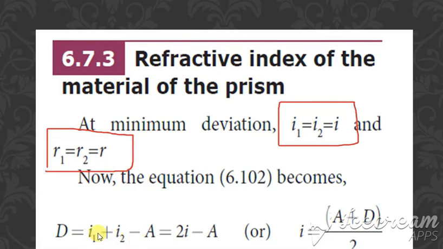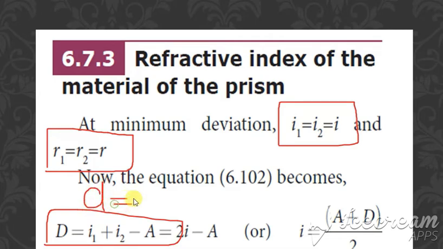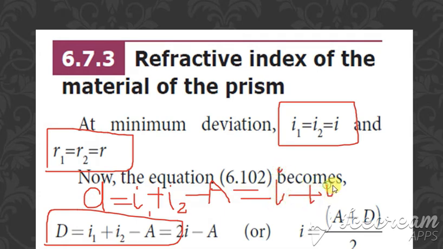Considering the equation we already know from the deviation itself, D is equal to i1 plus i2 minus A. Instead of i1 and i2 we substitute i, so we get i plus i minus A. So i plus i is 2i, and it is 2i minus A.